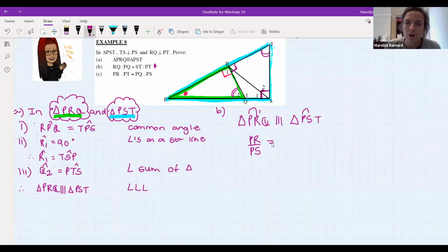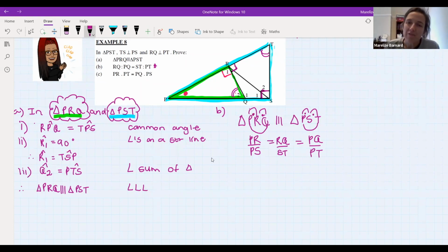And then we're going to go RQ over ST. That's the other eye of the frog. And then we make its mouth, PQ over PT. So there are your sides that are in proportion, and there's your frog face. That's awesome to learn it like that, so you can never ever get it wrong again.